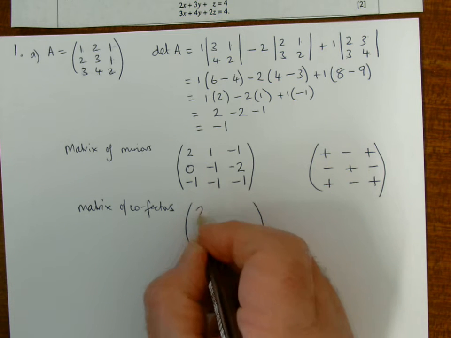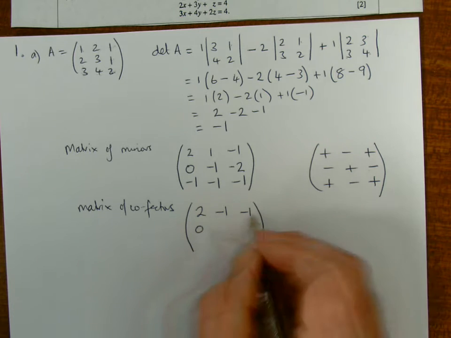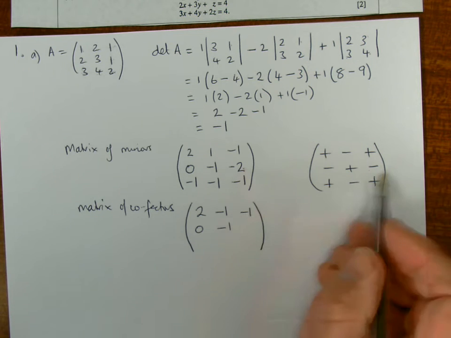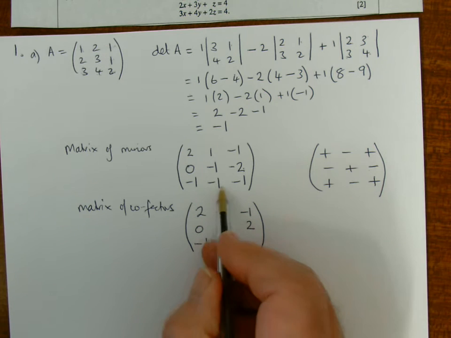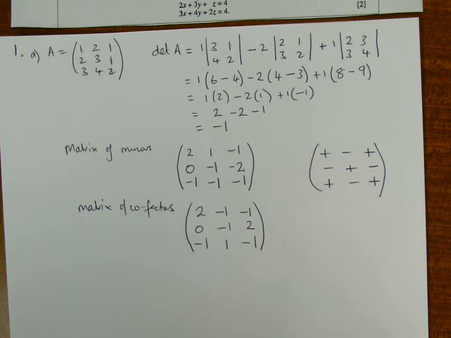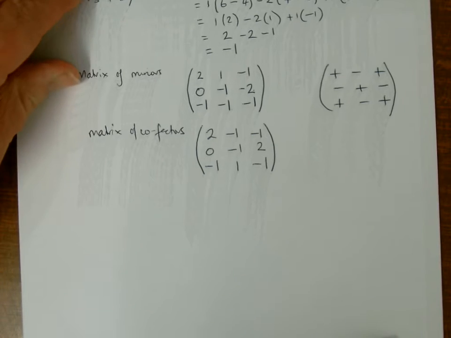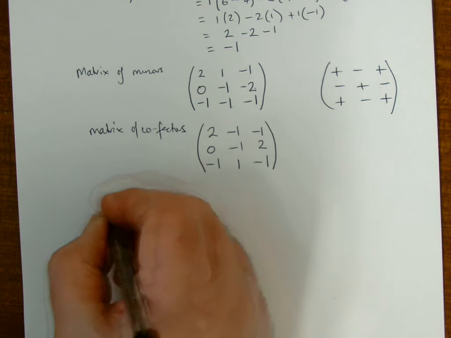So it's going to be 2, then the 1 goes to minus 1, 0 changes sign, minus 1 stays the same, this minus 2 changes sign to plus 2, this one changes sign, and that one stays the same. So that's the matrix of cofactors. And then to find the adjugate matrix, I transpose it.